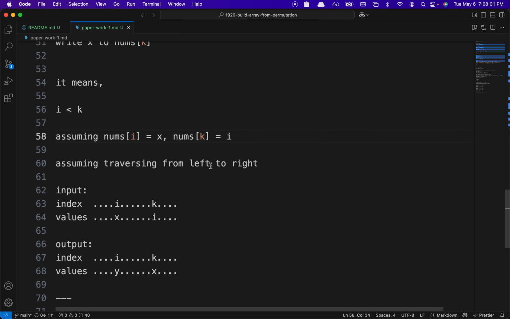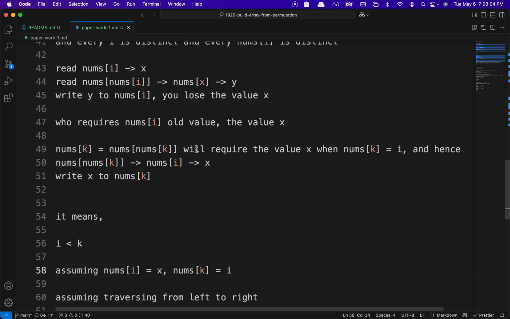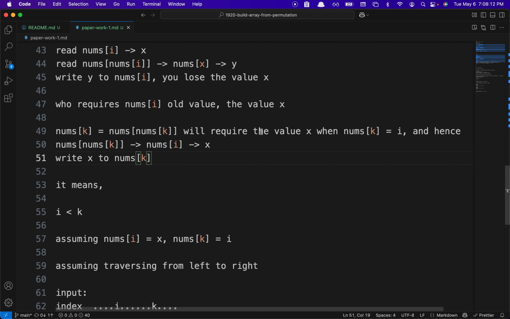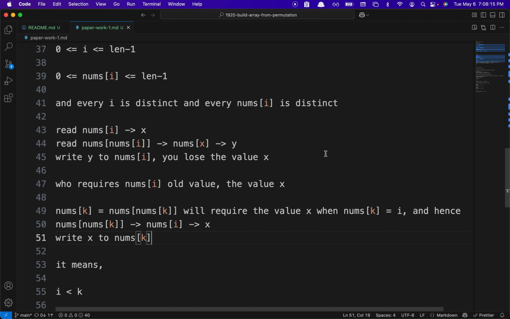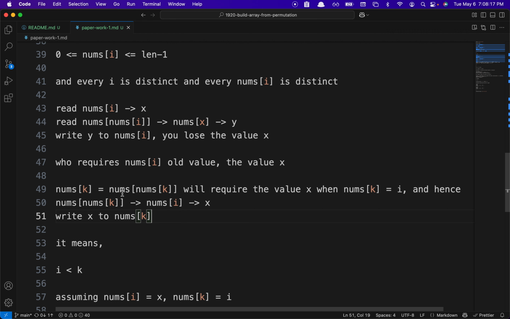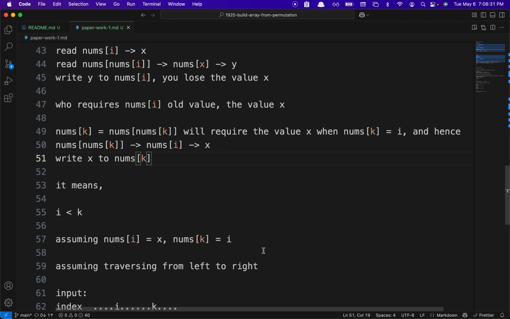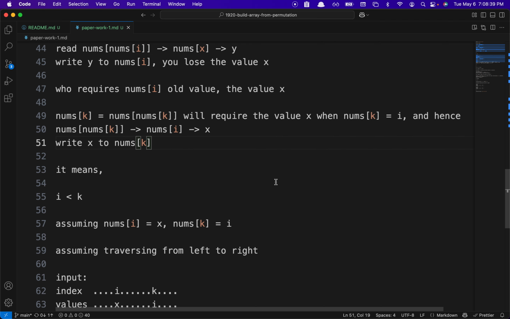So here we are saying we require k when nums of k equals i, and nums of k equals nums of i, which is x, right?